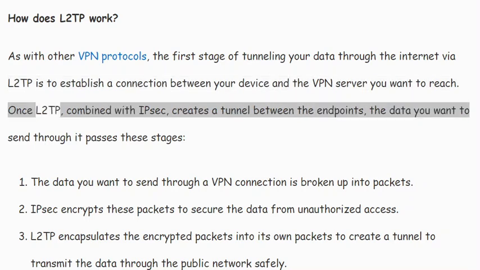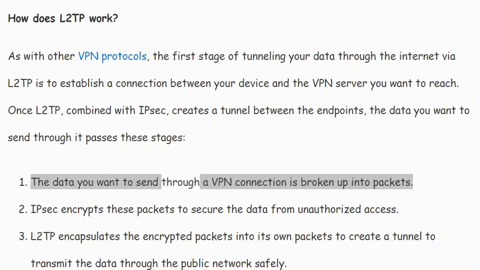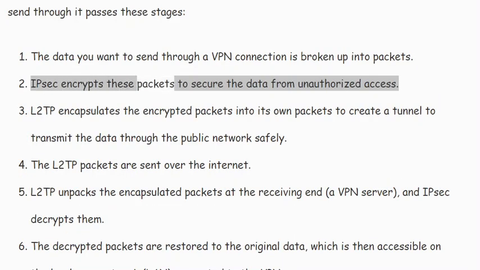Once L2TP, combined with IPsec, creates a tunnel between the endpoints, the data you want to send through it passes these stages. The data you want to send through a VPN connection is broken up into packets. IPsec encrypts these packets to secure the data from unauthorized access.